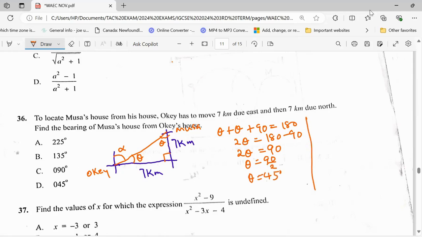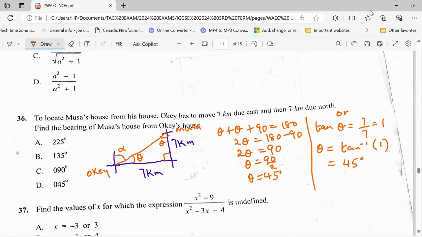Another way, I can still do it another way. I can use tan, so I can say tan theta is equal to 7 all over 7, which is 1. Then theta will now be the arc tan of 1, and that will give us 45 degrees. So whichever way is 45.